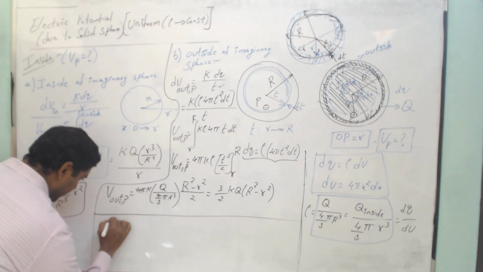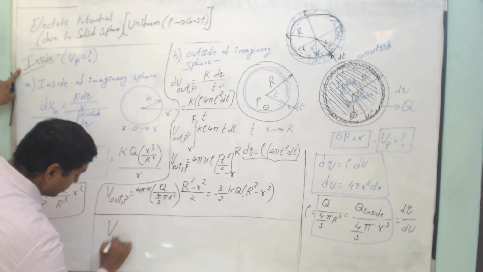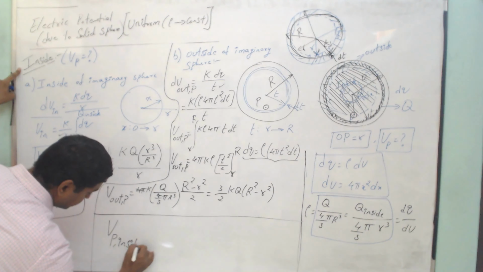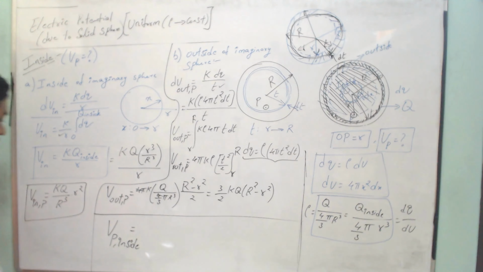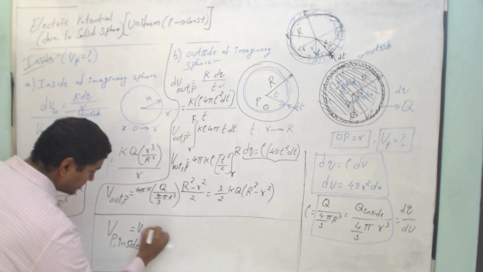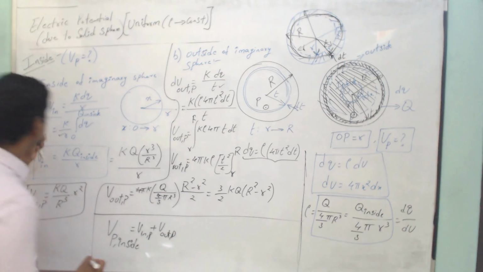Ultimately, the potential, I'm talking of this case, at a point P, and this point is actually inside the solid sphere, is equal to V in P plus V out P. What is this in and this out?